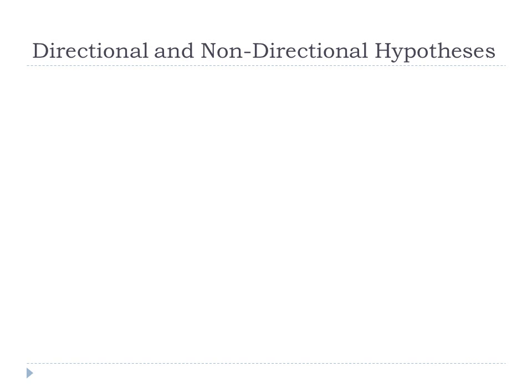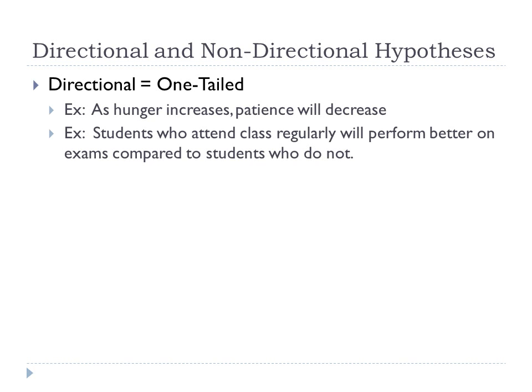All right, so I said we can have two different types of hypotheses, directional and non-directional hypotheses. A directional hypothesis, we'll also call a one-tailed hypothesis. An example of that would be, as hunger increases, patience will decrease, right? So the hungrier someone gets, the less patience they're going to have.